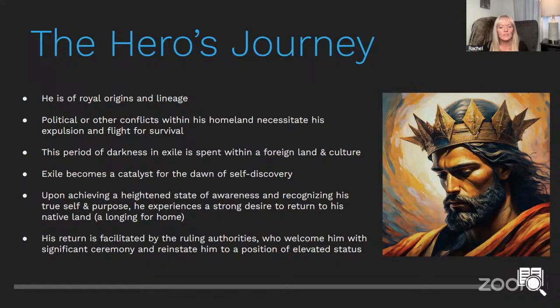Even in the Pearl story, they talk about different food. It was really interesting. But that exile and expulsion is actually the catalyst for self-discovery, which also brings a heightened awareness of who he is and what he's supposed to do, and he recognizes what his role is and who he is.